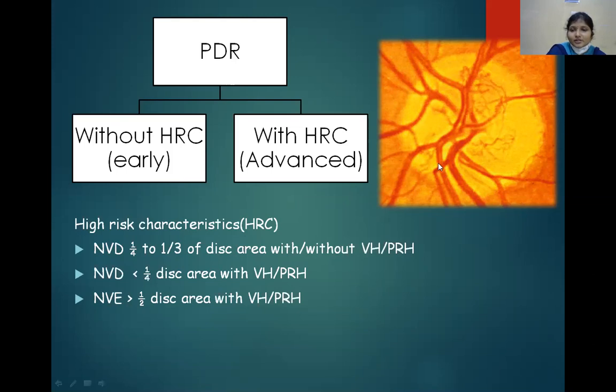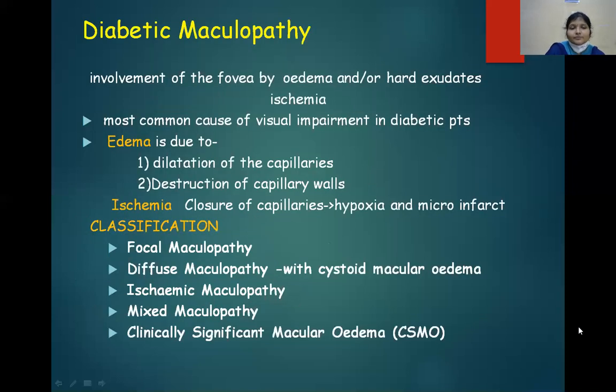Neovascularization of the disc less than 1/4 with vitreous hemorrhage is also called a high-risk characteristic. And NVE, that is neovascularization elsewhere, when it is more than half disc area with vitreous hemorrhage, is called a high-risk characteristic. So when high-risk characteristics are present, we have to aggressively treat the patient.